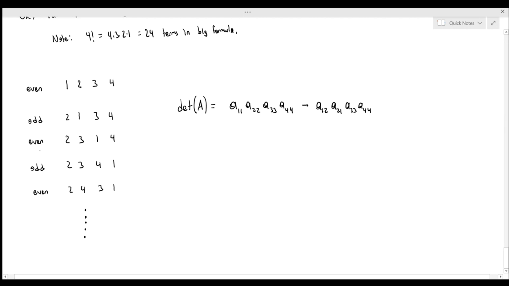For this next permutation, it's going to give me a plus A12, A23, A31, and A44.